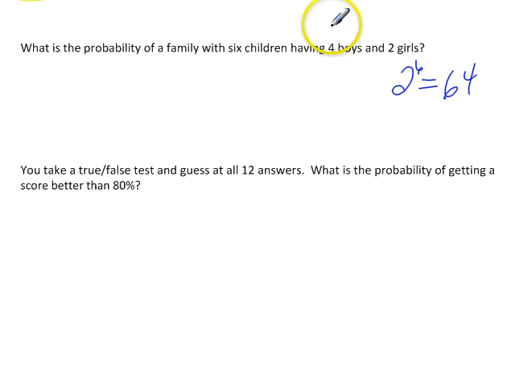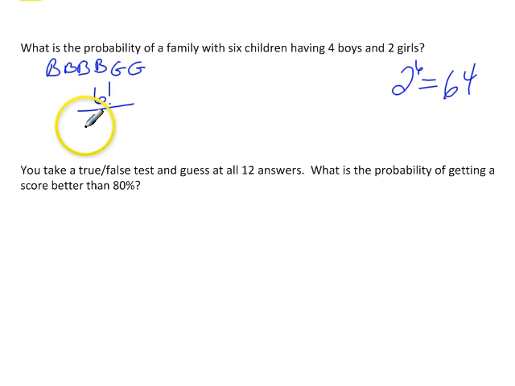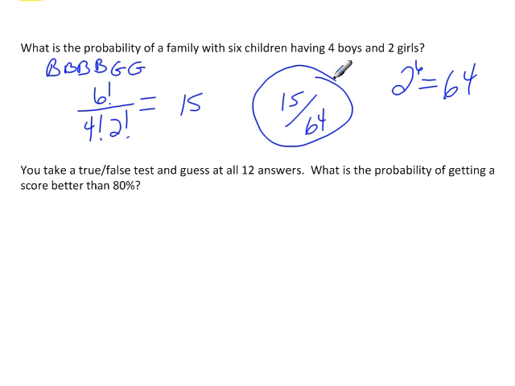To have 4 boys and 2 girls, boy, boy, boy, boy, girl, girl. This should look familiar. We end up with 6 factorial because there's 6 children, 4 boys, 2 girls. We computed that several times just above on this page, and so that was 15. And the probability of that happening was 15 out of 64.